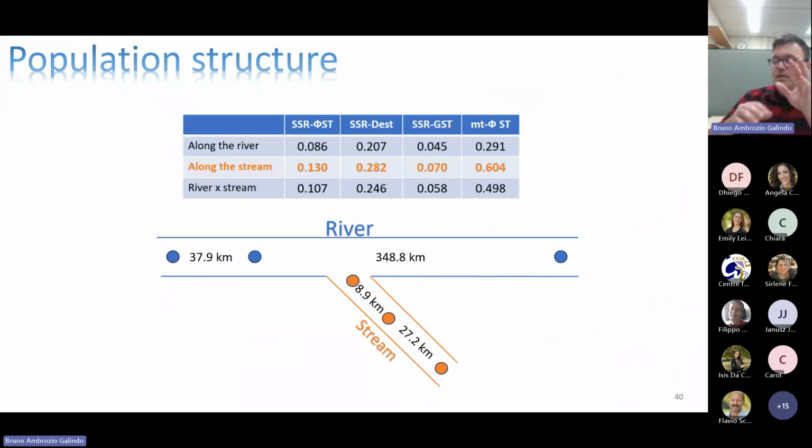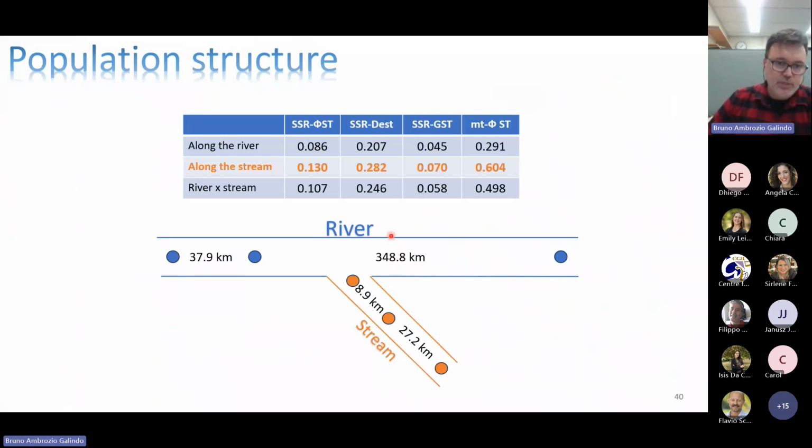But I told you at the beginning of this presentation that what motivated this research was one interesting finding: that we had more genetic structure in a stream than in the river.